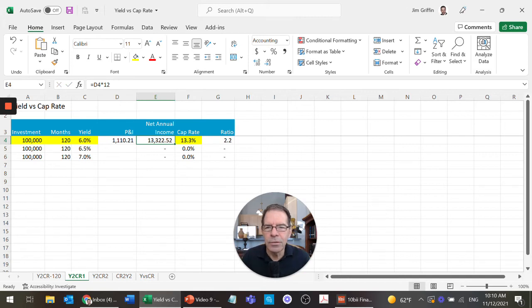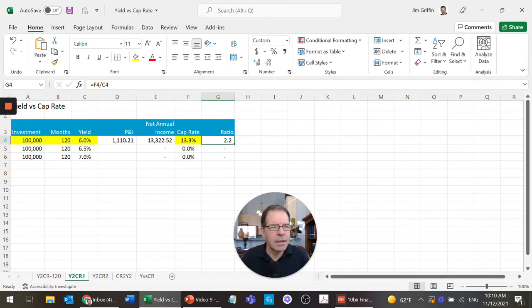So the annual income on that, multiplied by 12, is 13,322, which is the number that we need for the cap rate. And so we can see that that cap rate, the equivalent way of expressing it, would be 13.3%, more than double what the yield calculation is.